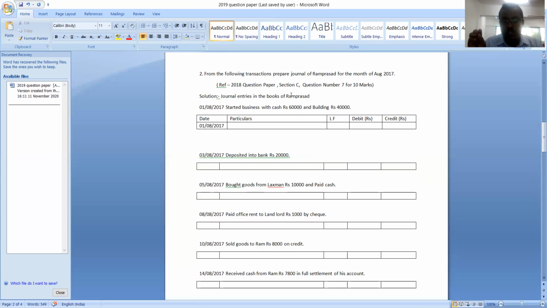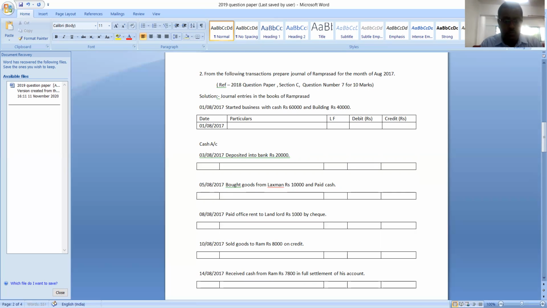Whatever money or money's worth he has invested into the business is known as capital account. So totally three accounts will come.